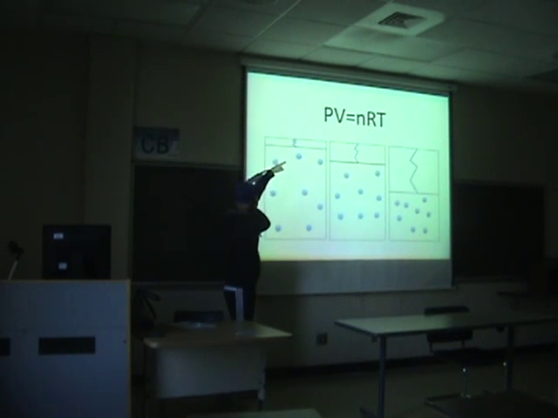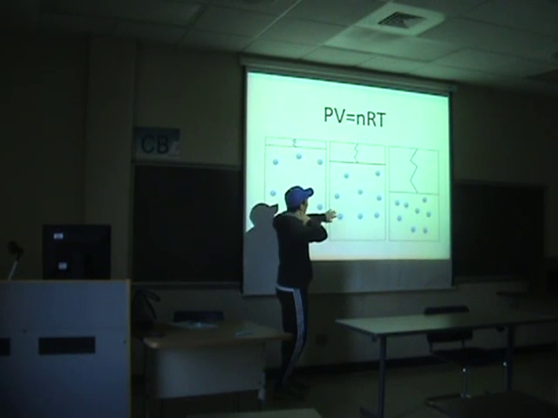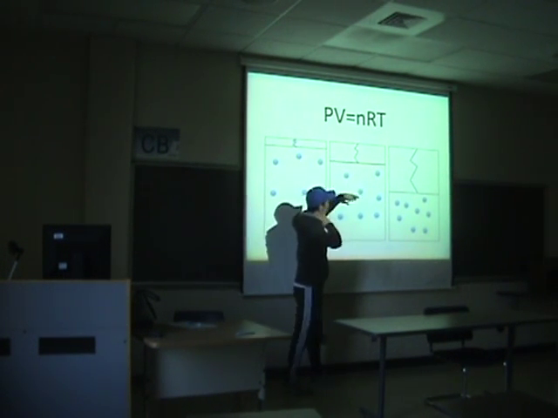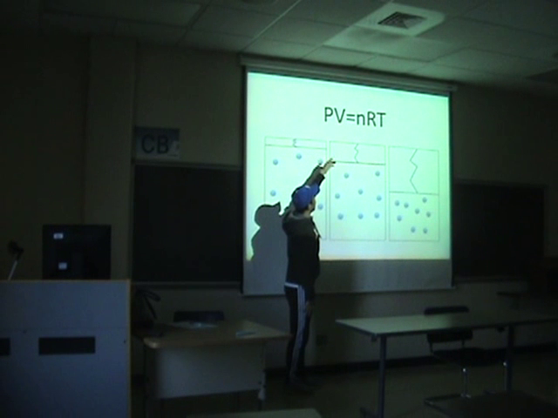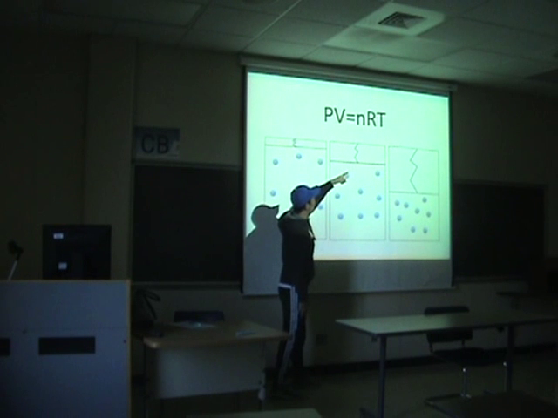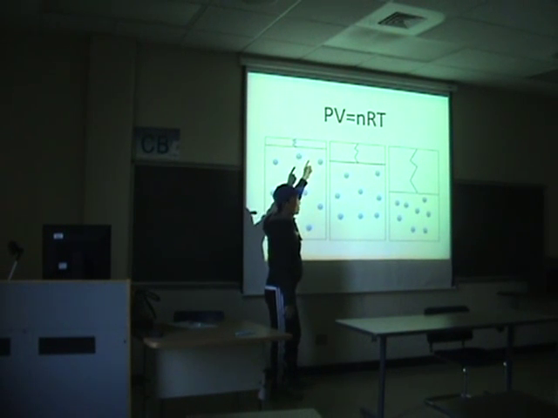As you can see, for the equation PV equals nRT, this system is called an equilibrium system, and the temperature is equal and the number of molecules is equal. When you press the piston down, V is going to decrease, and to satisfy the constant value of nRT, the pressure is going to increase.